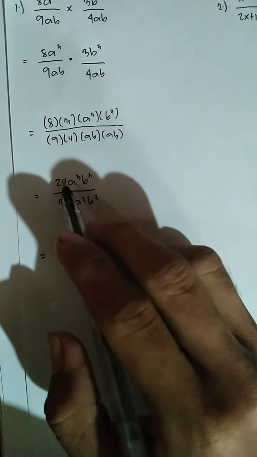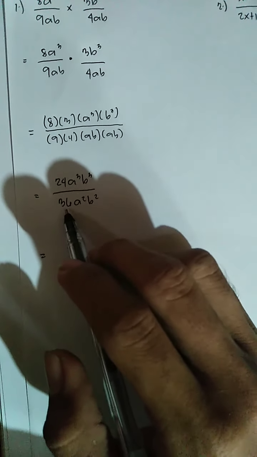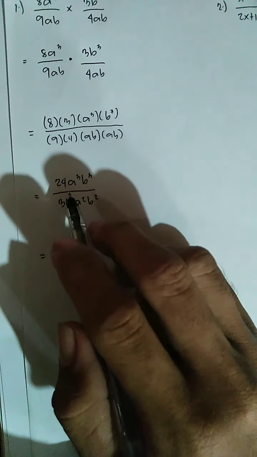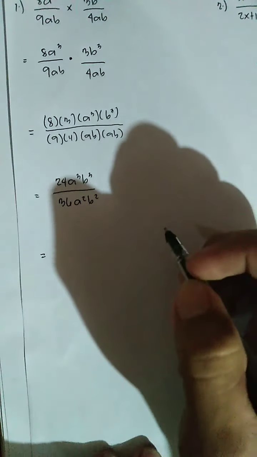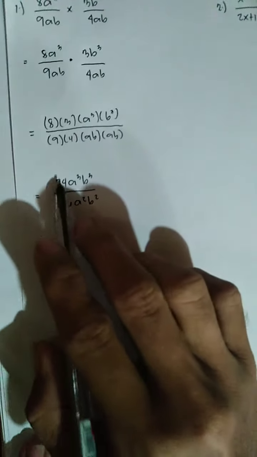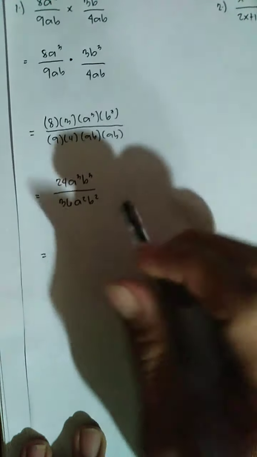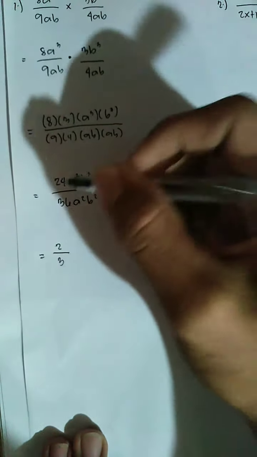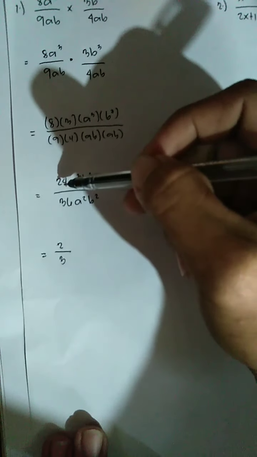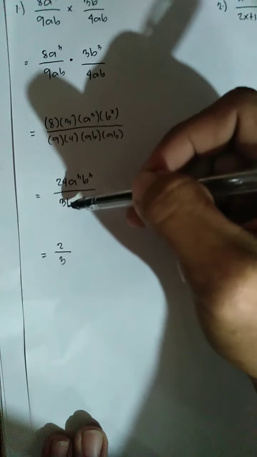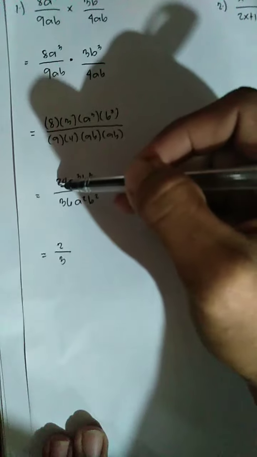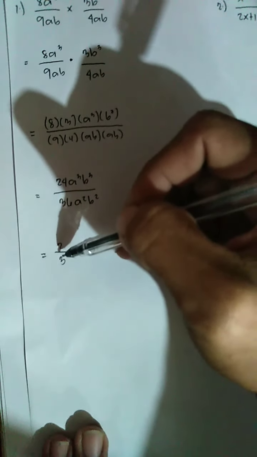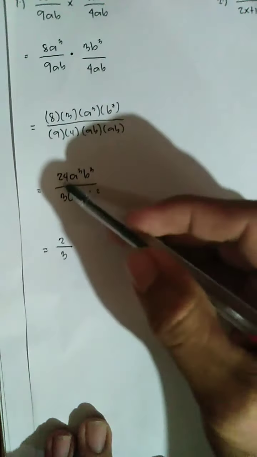The greatest common factor between 24 and 36 is 12. Since 12 is the common factor of 24 and 36, you will say 2 over 3. So 24 over 36 becomes 2/3 now, since we expressed this in lowest terms.